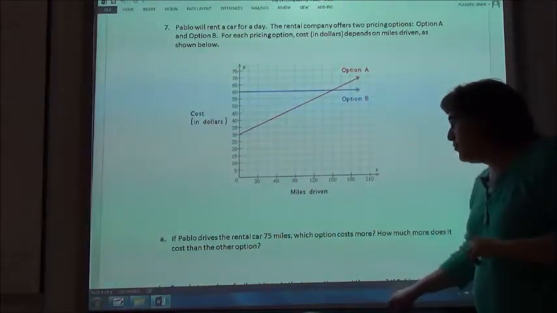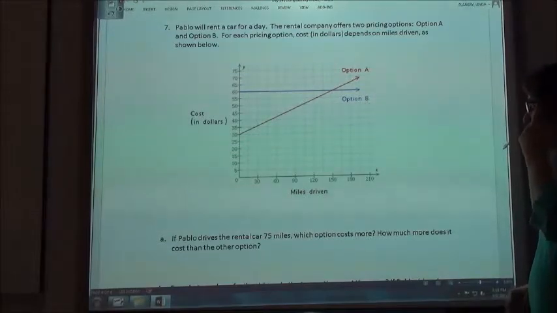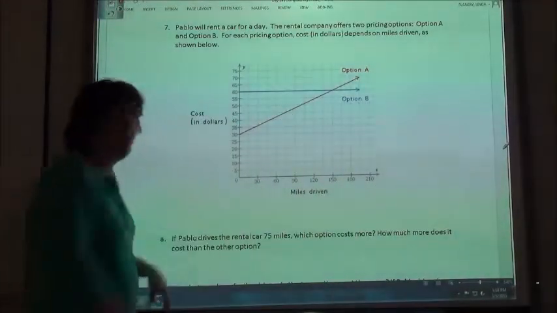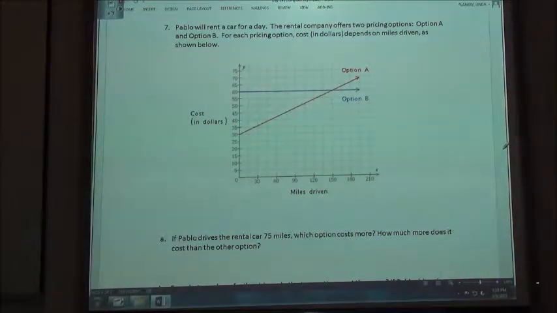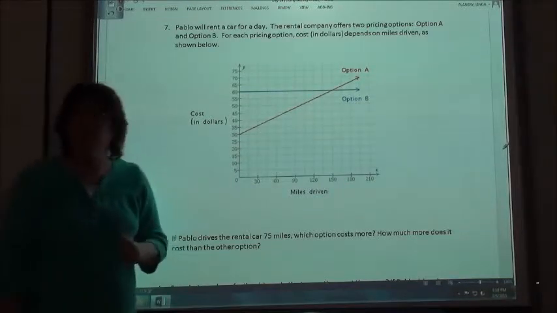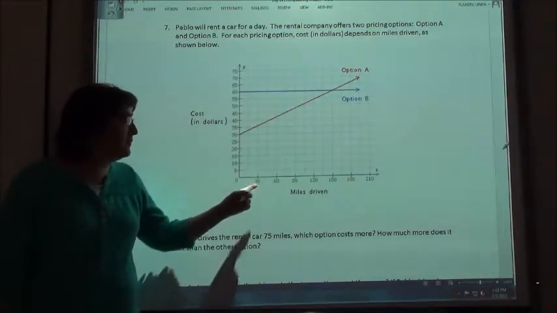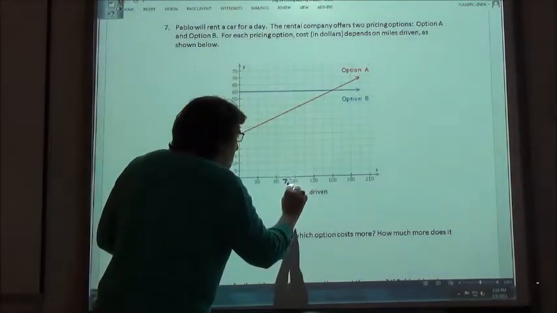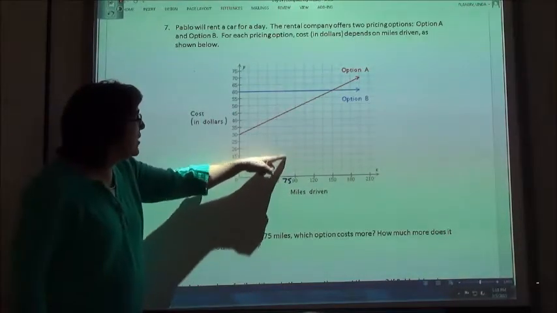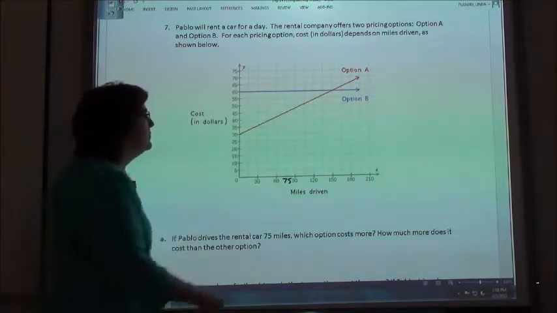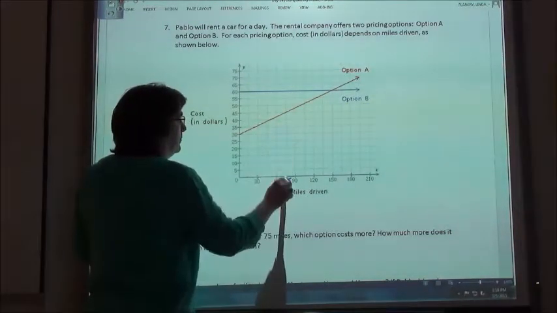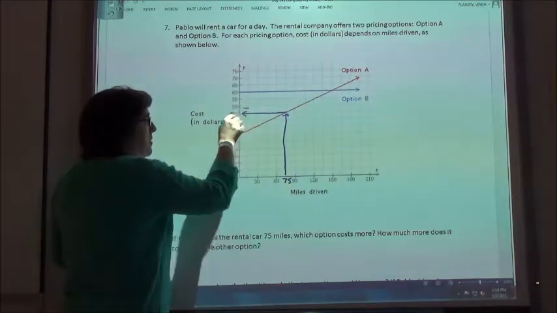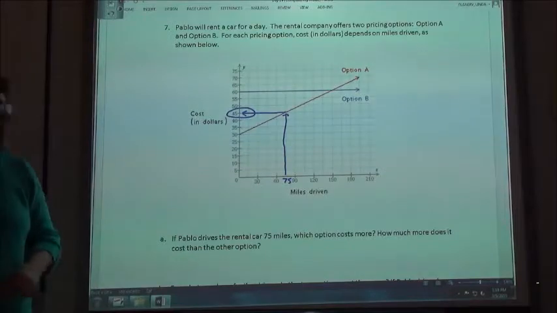So it says, if Pablo drives a rental car for 75 miles, which option is going to cost me more? Well, 75 miles isn't specifically marked, but where is 75 miles? It's going to be halfway between the 60 and the 90, right? So at 75 miles, how much does option A cost me? $45, right?